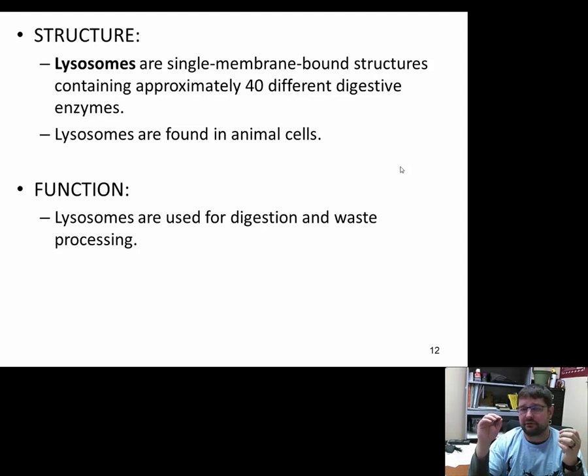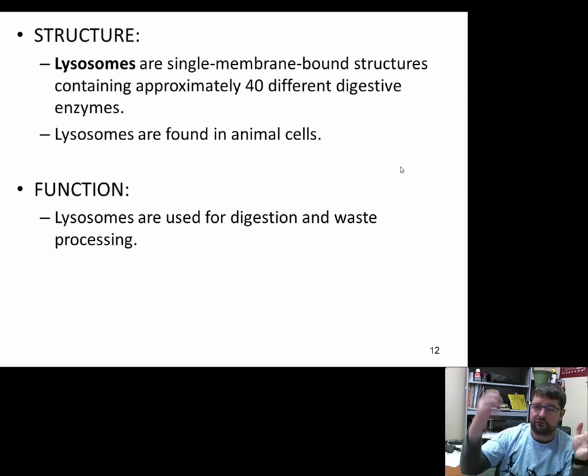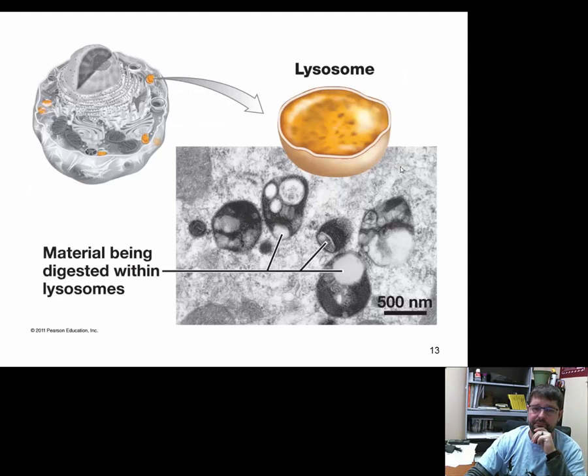If a bacteria gets into your cell, sometimes the lysosome will find that bacteria and dissolve it, or other systems will find and encapsulate the bacteria, and then the lysosomes will be called to digest it. So here you can see lysosomes. Really, they're nothing more than a membrane with digestive enzymes in it.